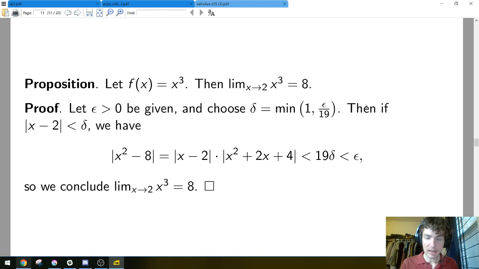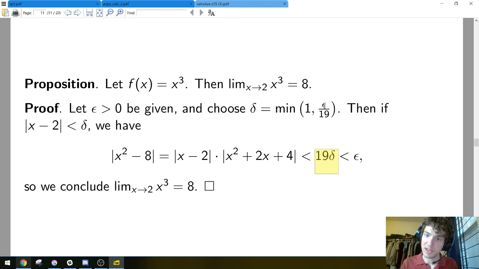Good. Now we just have to show this satisfies the definition. The definition is that if the absolute value of x minus 2 is less than delta, technically also greater than 0, then the absolute value of x cubed minus 8, with the same factorization as before, has one factor at most 19 and the other at most delta. So the product is at most 19 delta.